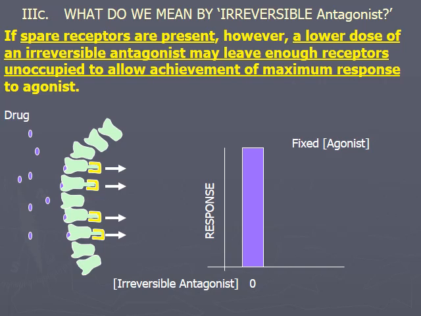If we look at this model, I drew 10 receptors, and I'm at a concentration that binds 4 of them. So I'm not even at my KD concentration, because for the KD concentration, 50% of the receptors have to be bound. I'm at a concentration even below my KD, but yet I'm getting a maximum response.